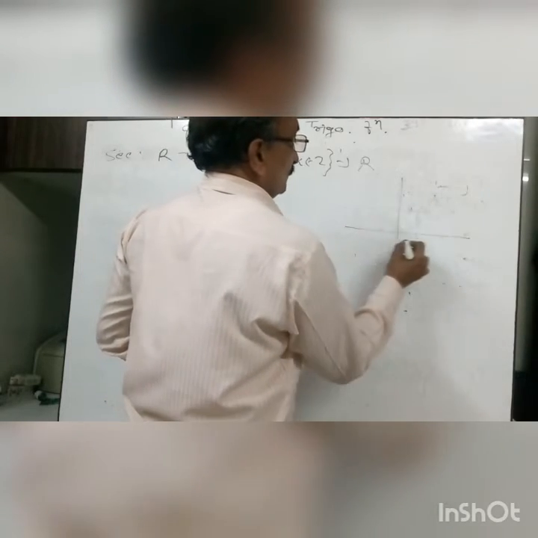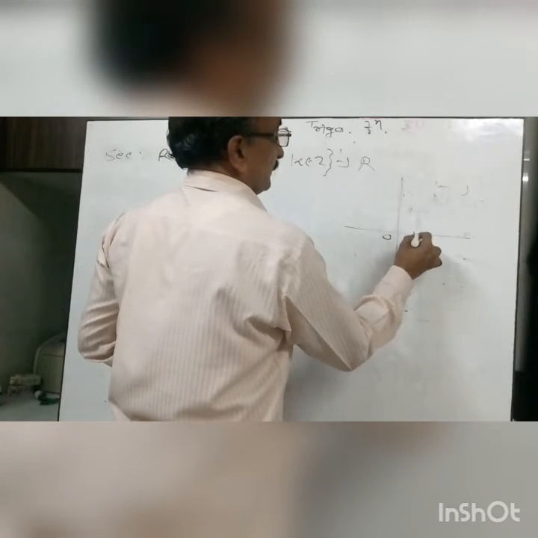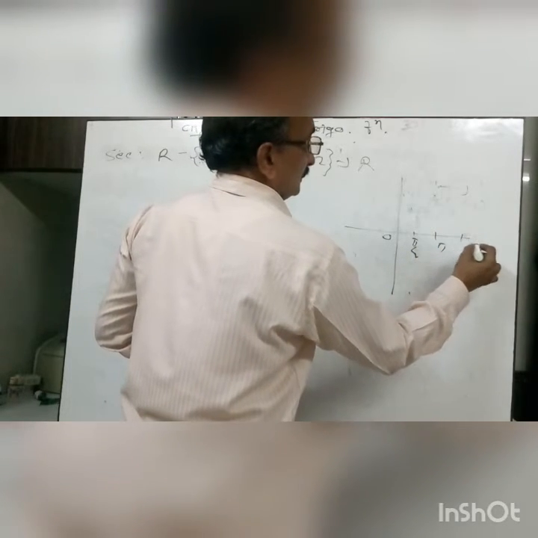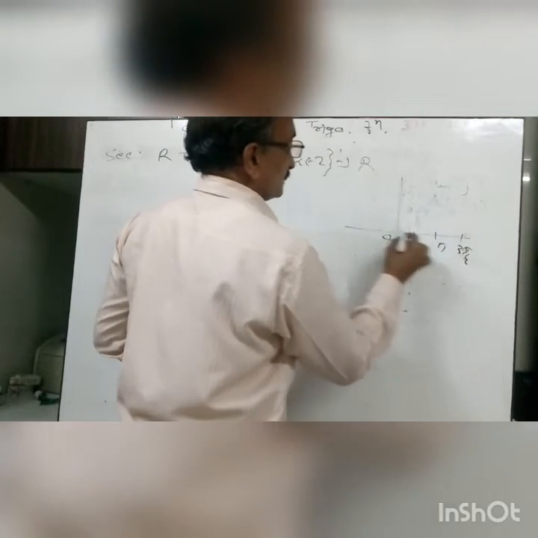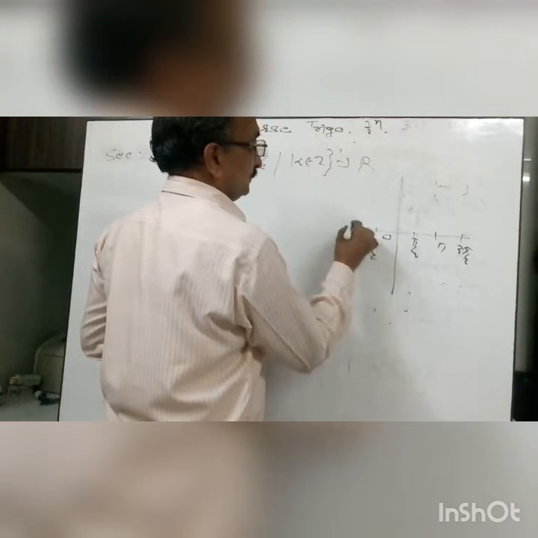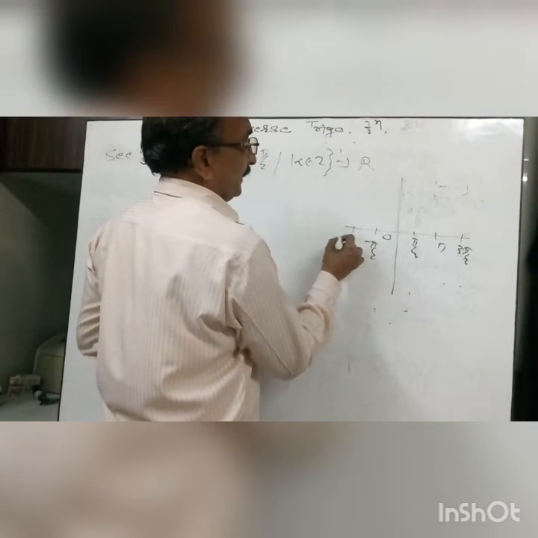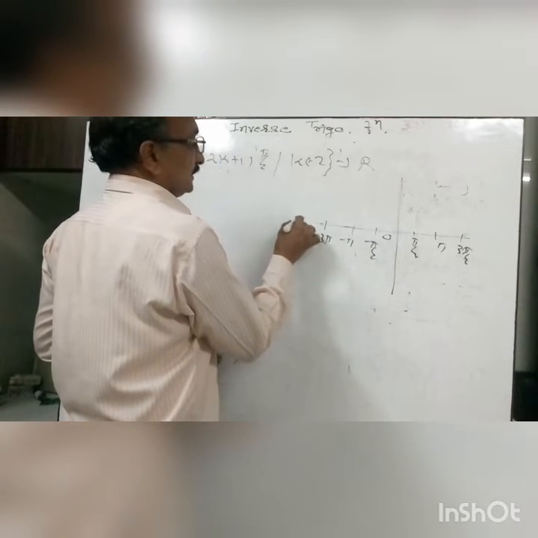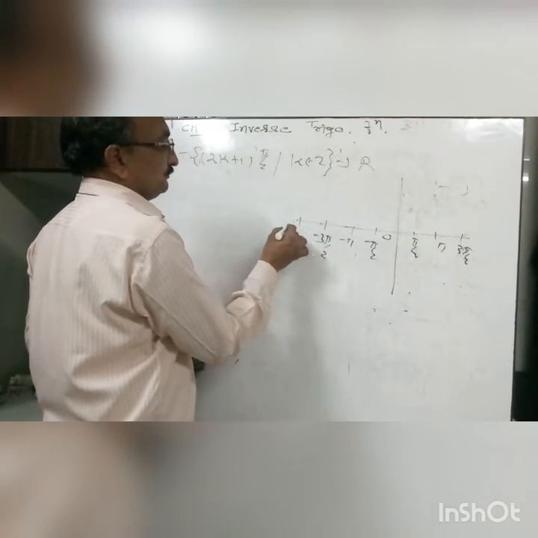So 0, pi by 2, pi, here 3 pi by 2, same on this side minus pi by 2, minus pi, minus 3 pi by 2, minus 2 pi.